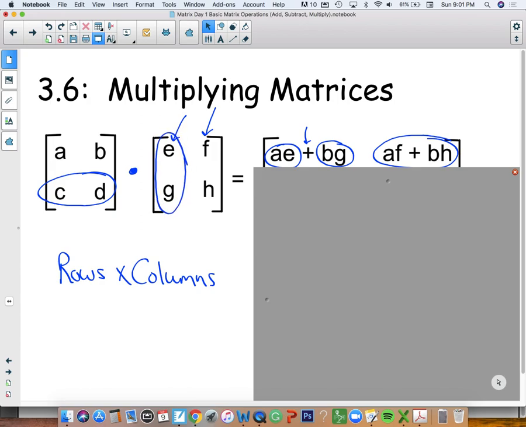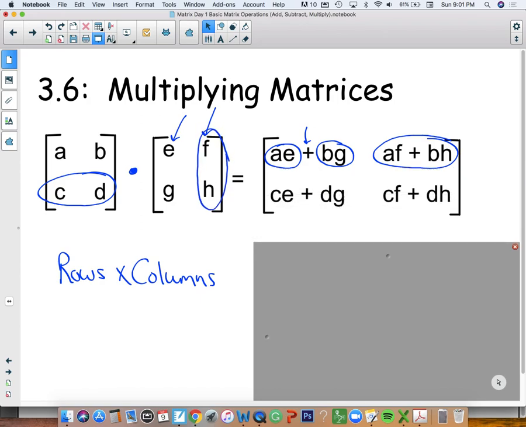That's our third element, and then we bounce here, multiply these two, add them together. That's our fourth element, so it looks like that. Okay, go back again. If we did this one, it would be CE plus DG, and then that last one would be CF plus DH.